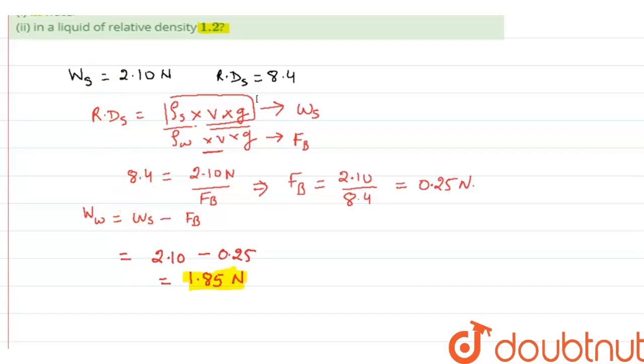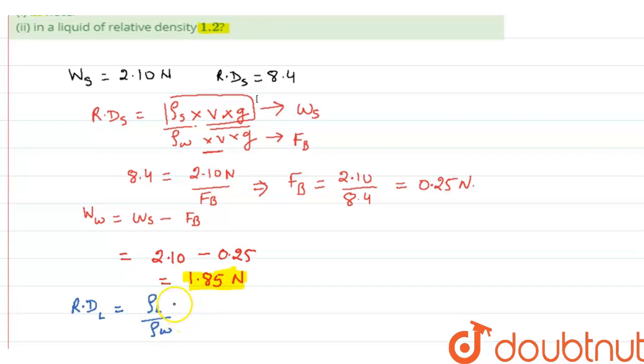Now the second question is asking the body weight in a liquid of relative density 1.2. So here the relative density of the liquid is given, that is the density of the liquid to the density of the water.